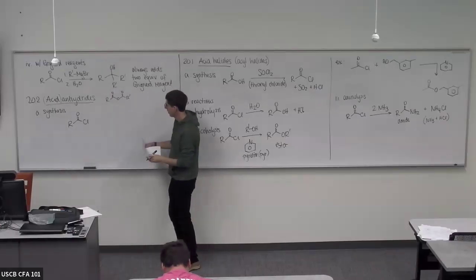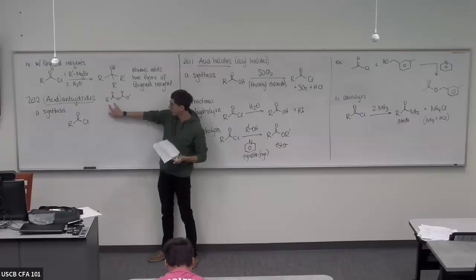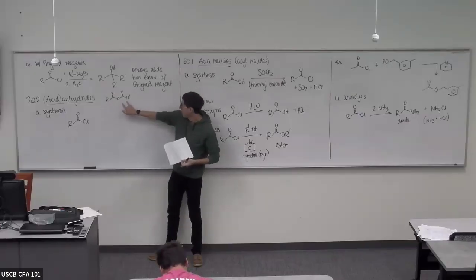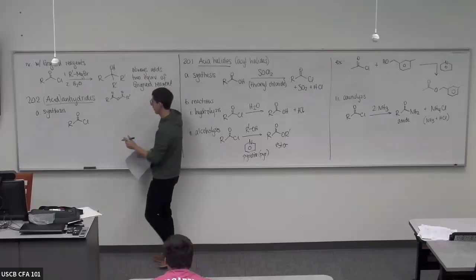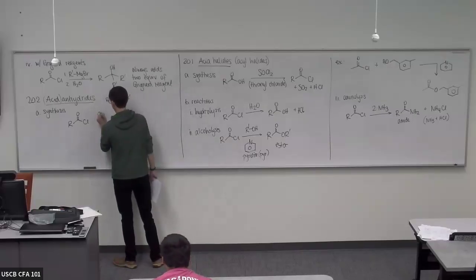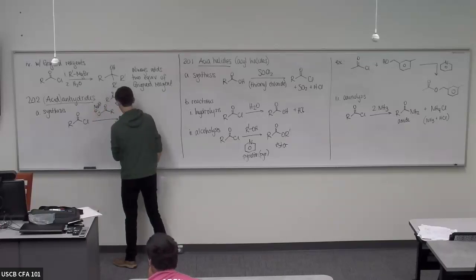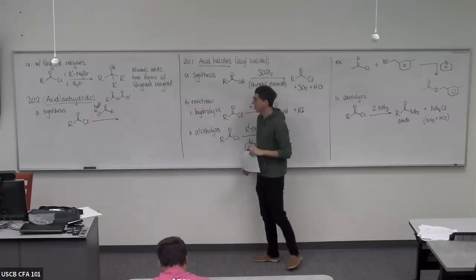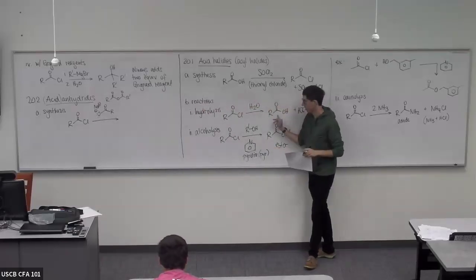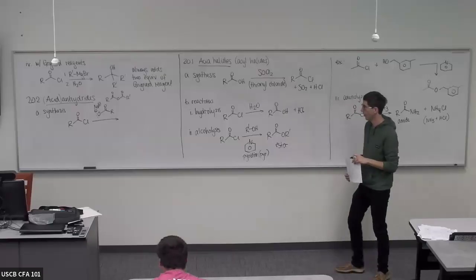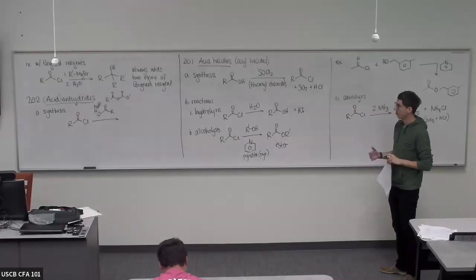Okay, now we've got sort of the left side of the molecule, but we need the right side. And the right side is going to come from a carboxylate ion, which is just a carboxylic acid that's been deprotonated by treating it with sodium hydroxide or something like that.